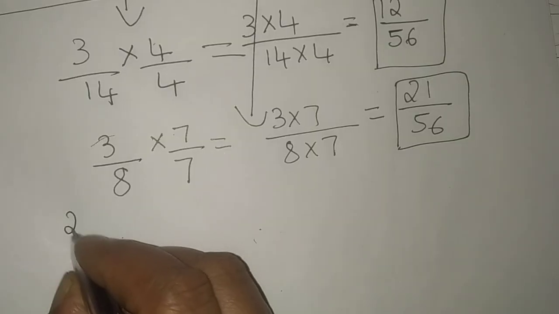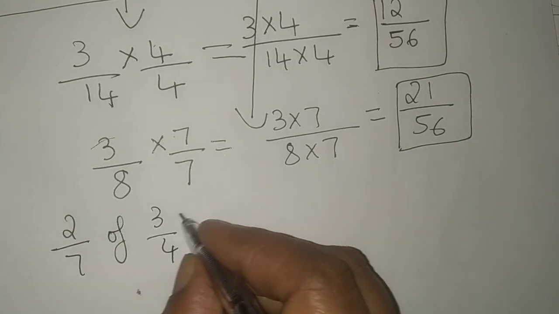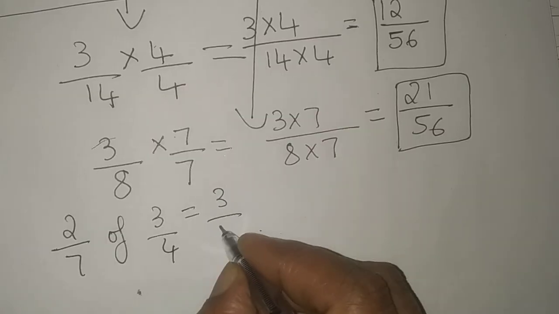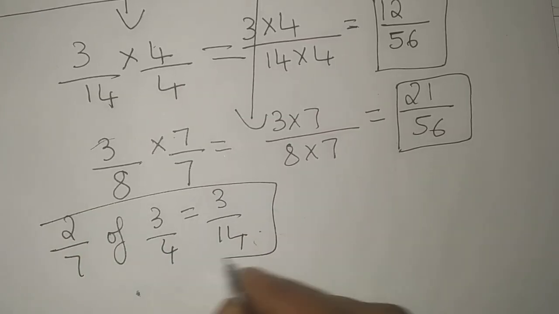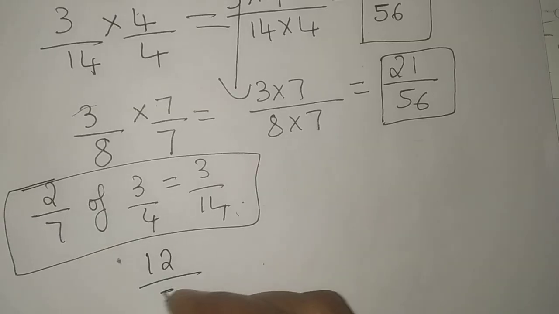So see, we get 2 by 7 of 3 by 4, which is equal to 3 by 14, as 12 by 56.